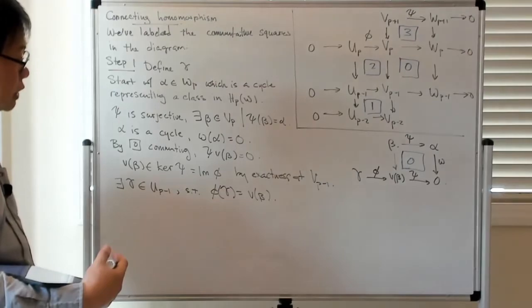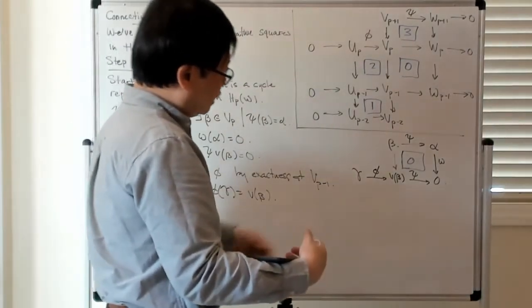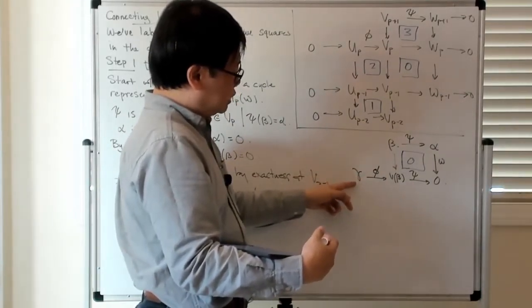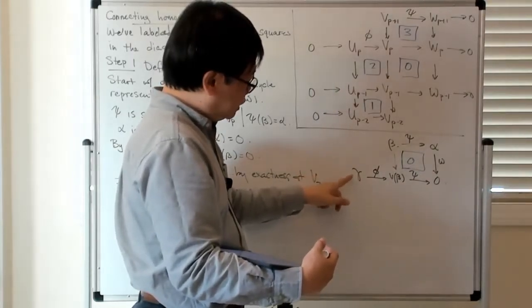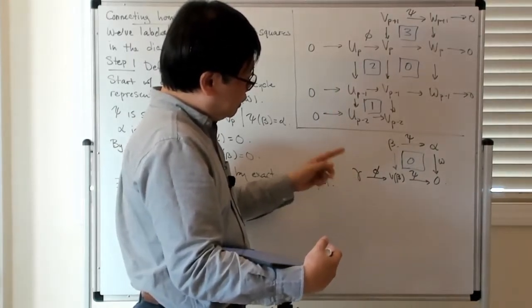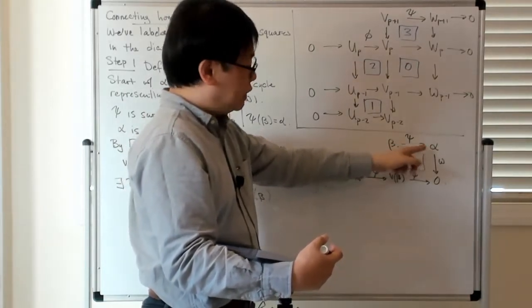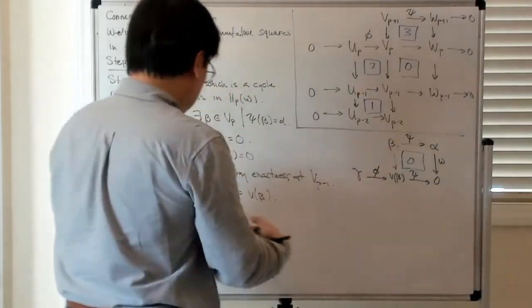So that's the candidate for generating this connecting homomorphism. And then what remains to show is that, actually, we're not quite done yet, because this is just a chain. We have to show that it is indeed a cycle. And then we also need to show two additional things, because I have a choice in alpha and I have a choice in beta, so I need to show that it's independent of those two choices as well.